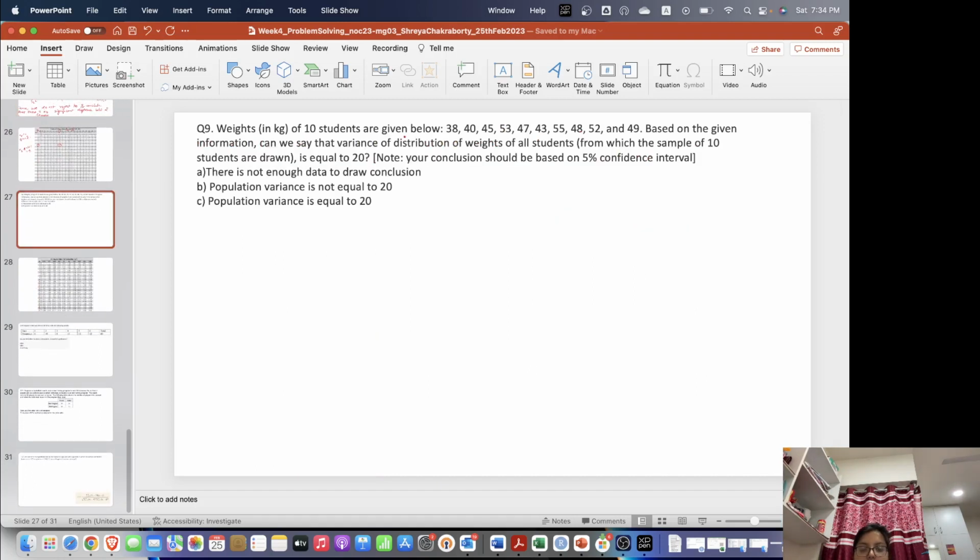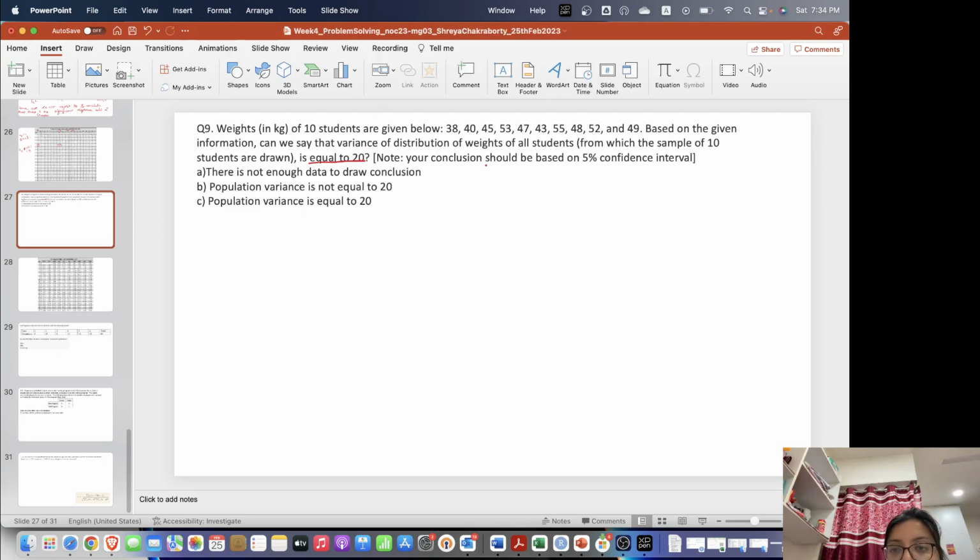So let us work on this one. Weights in kg of 10 students are given as below. Based on the given information, can we say that variance of distribution of weights of all students is equal to 20?